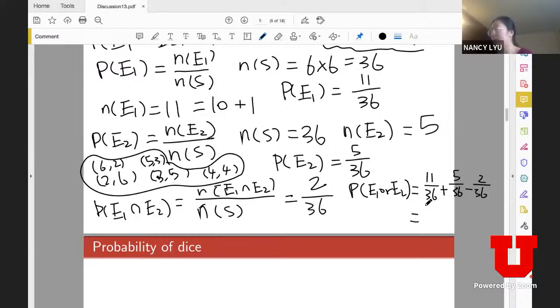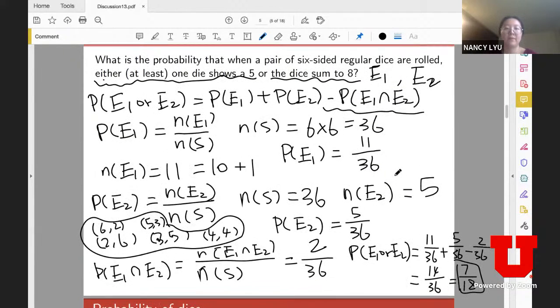And this should give us 14 over 36. And that's divided by 2, it's 7 over 18. Okay. Any questions on this one?